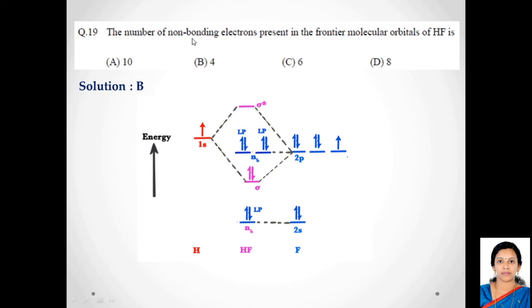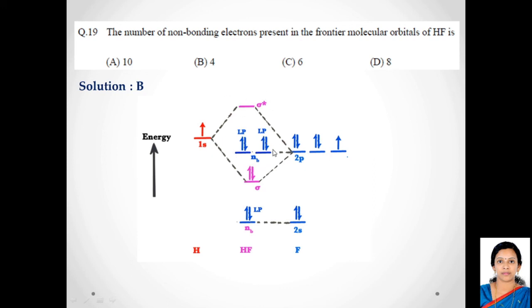So the question is, how many non-bonding electrons are there in the frontier molecular orbitals? Frontier molecular orbitals, as you might have studied, are the HOMO and the LUMO, the highest occupied molecular orbital and the lowest unoccupied molecular orbital.